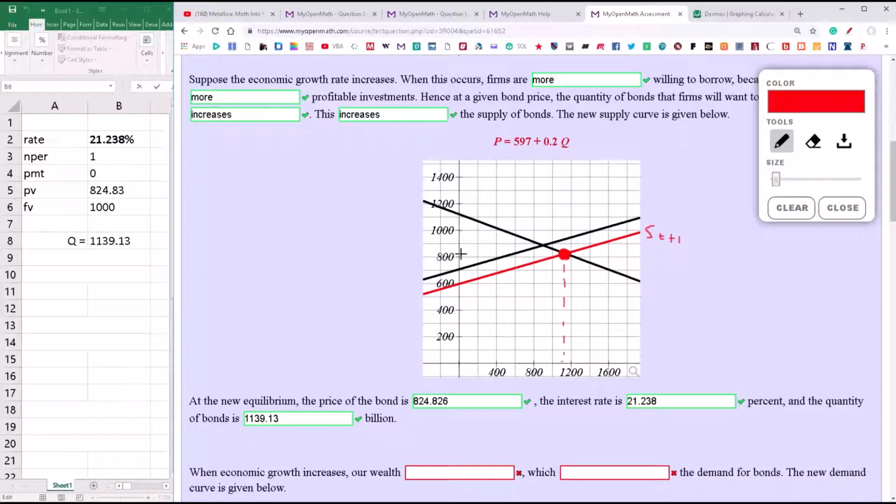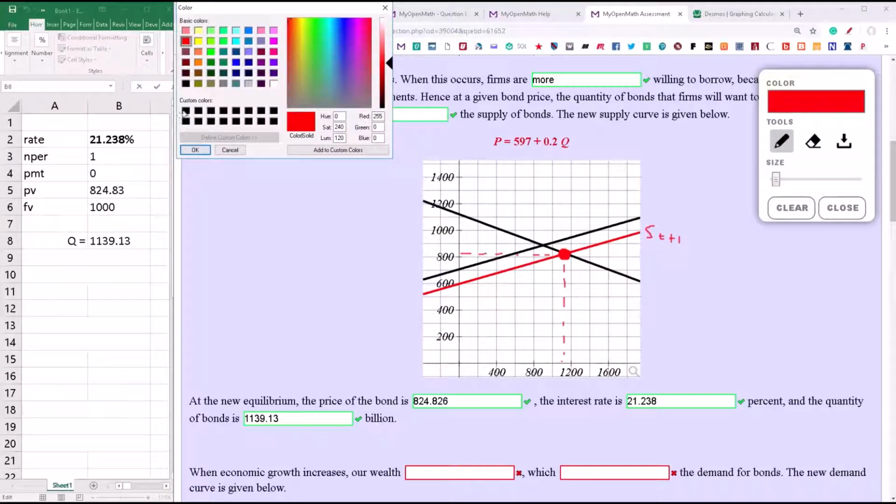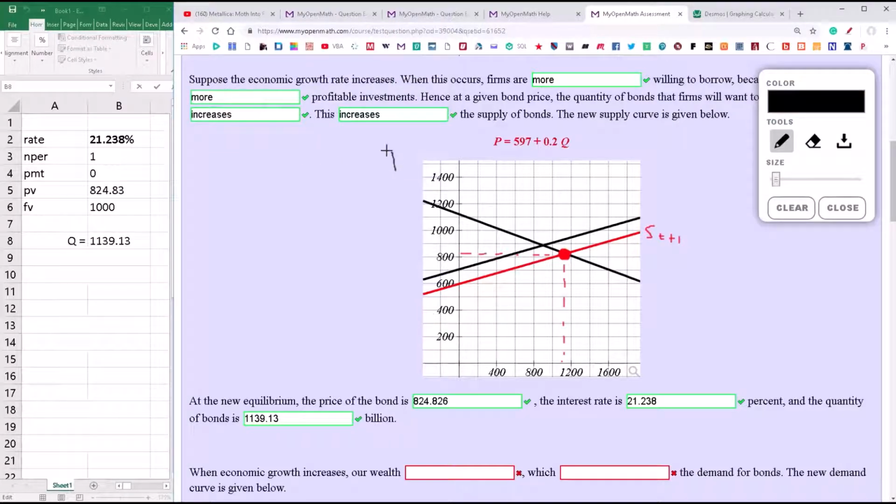And then we go across to get the price of those bonds in equilibrium. And then label the vertical axis, the quantity axis, the supply curve from today, the demand curve today and into the future, and then the equilibrium point.